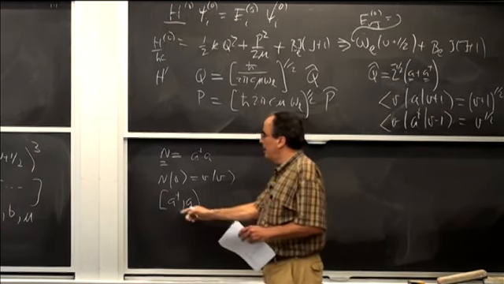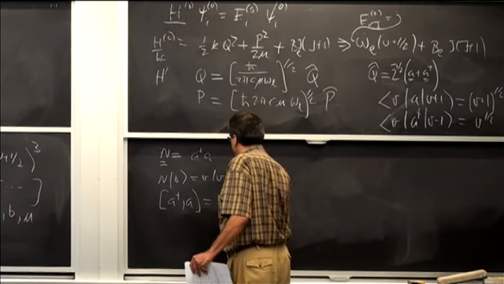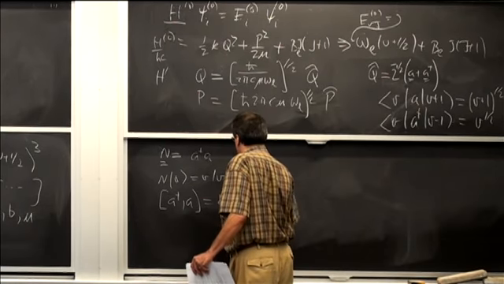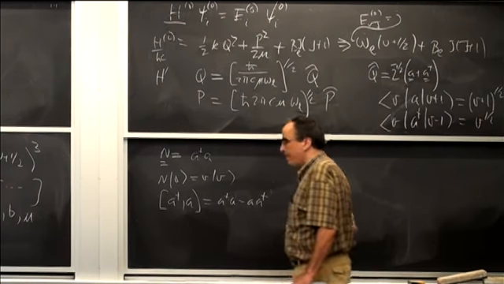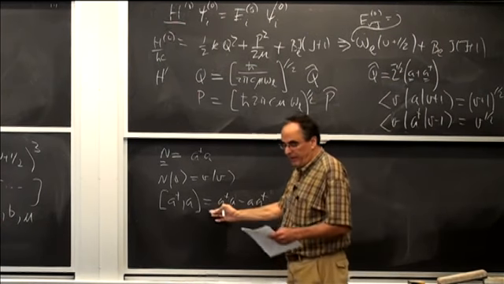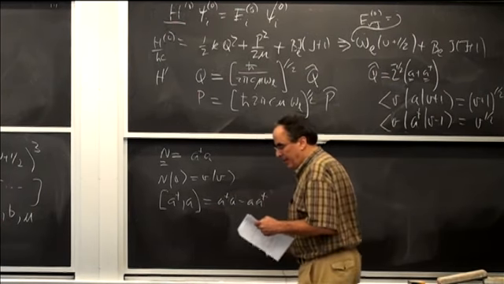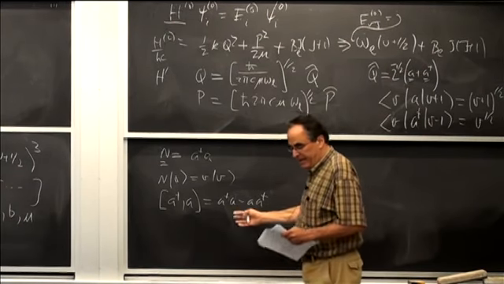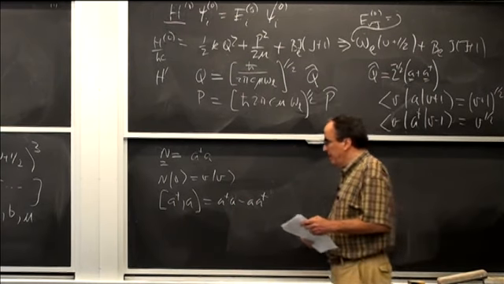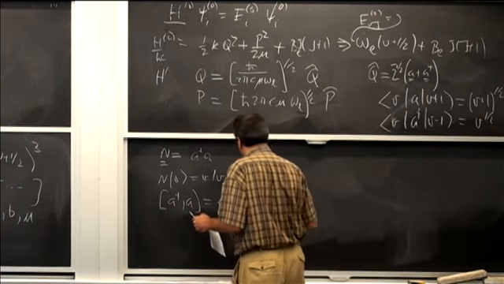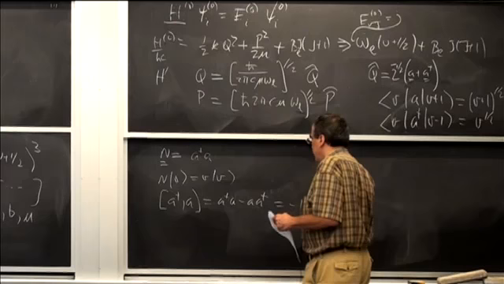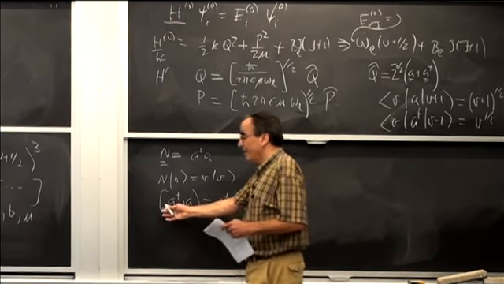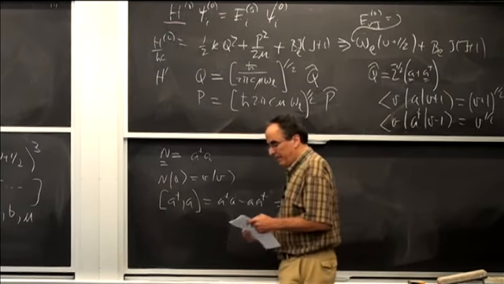And so that's just A dagger A minus A A dagger. And so you can figure out what that is by applying this to v. But I'm just going to tell you it's minus 1. And if you do it in the other order, A A dagger, it's plus 1.